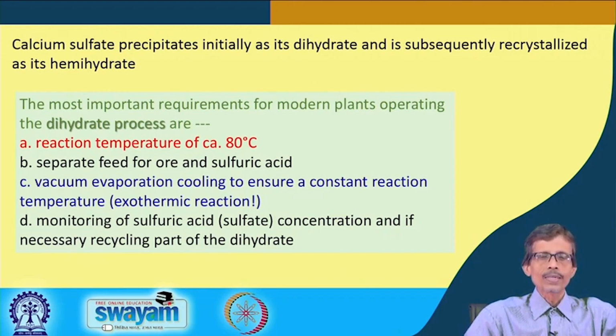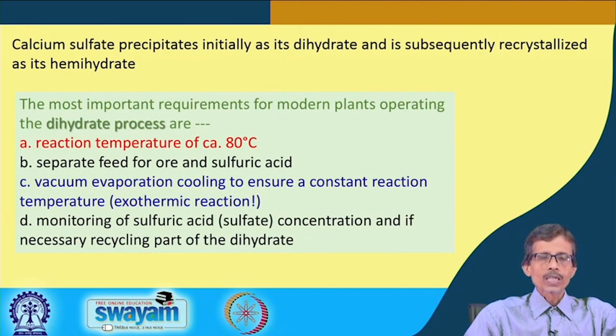So calcium sulfate is formed initially as the dihydrate, so it is typically a dihydrate process, such that we can have a reaction temperature of about 80 degrees and separate feeds of ore and sulfuric acid. So we are introducing sulfuric acid and the ore separately there.